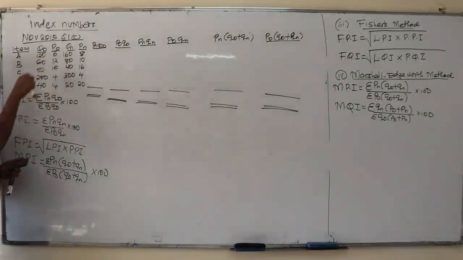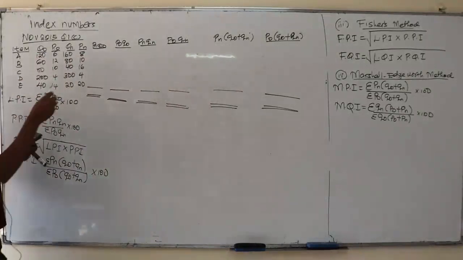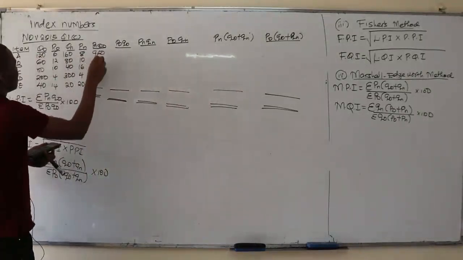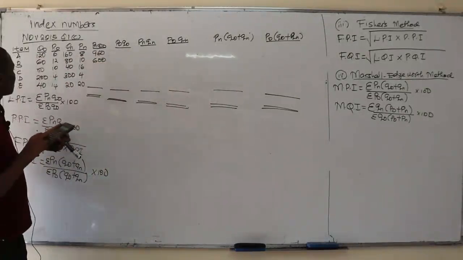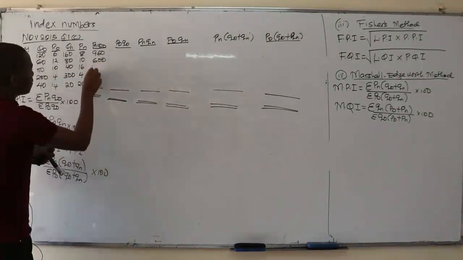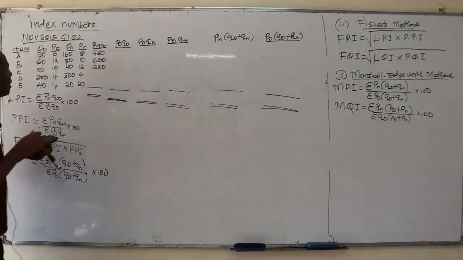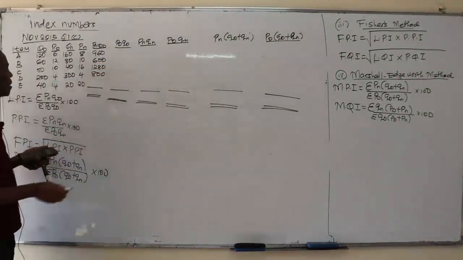So in that case, what is 120 multiplied by 8? 960. The other one is 600. What is 80 multiplied by 16? 1280. This is 200 multiplied by 4, 800.